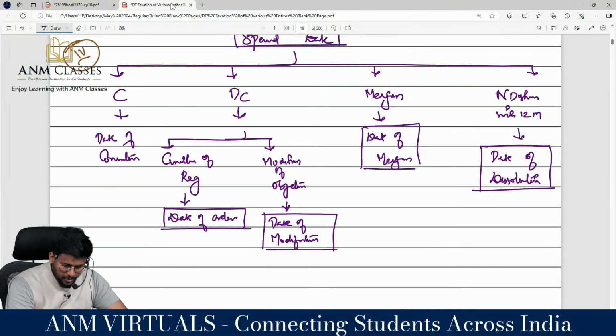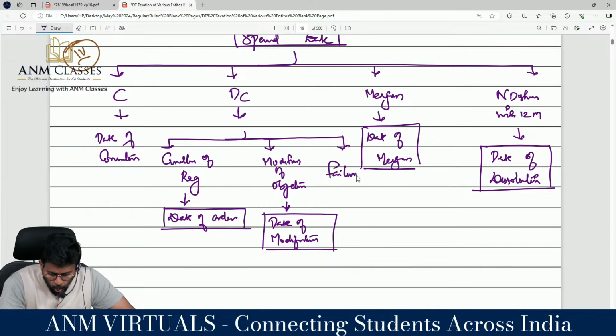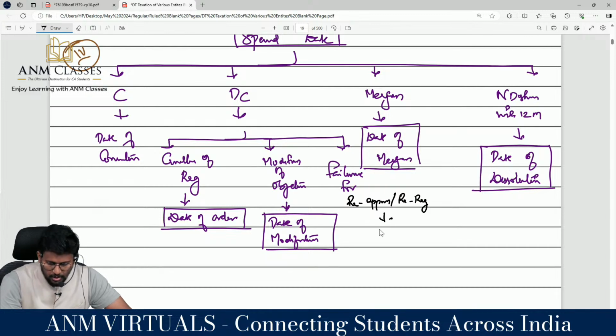So the third situation: failure for reapproval, re-registration or renewal. The specified date is the last date of making the application.